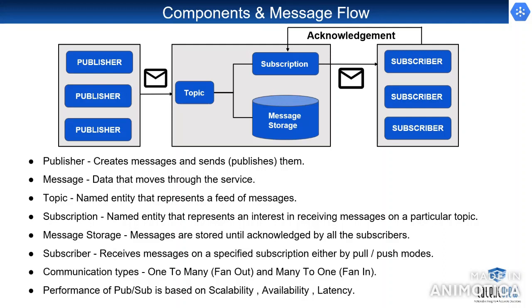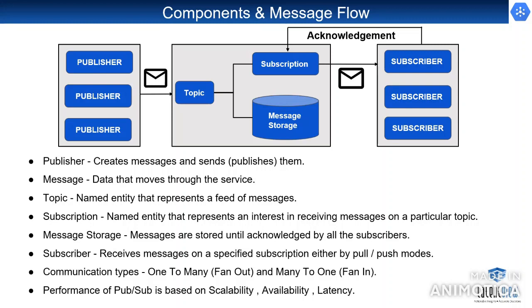In pull, subscribers can be an application that can make HTTP requests to the PubSub server. And push subscribers can be any webhook endpoints that can accept POST requests over HTTPS. So this is about pulling and pushing to acquire the messages from publisher to subscriber.